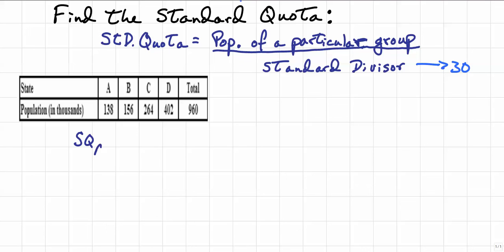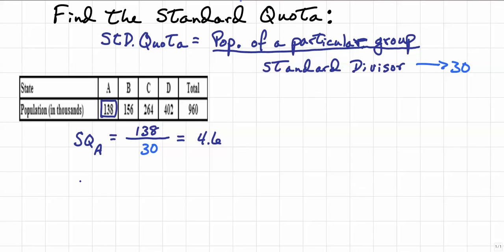So SQ for A, and that will be equal to the population, and for the population of A we'll use 138, and then we will divide that by the standard divisor, which is 30. Now this is going to yield a decimal, and we're going to need to keep that decimal. This decimal is 4.6, and after I calculated all 4 of the standard quotas, we'll talk about what we're going to do with the decimals.